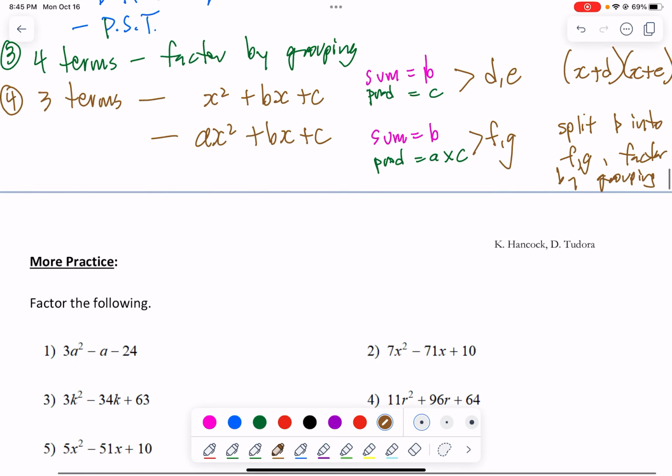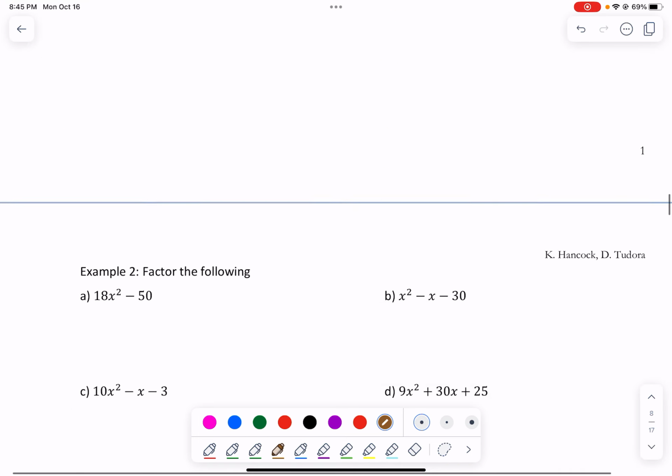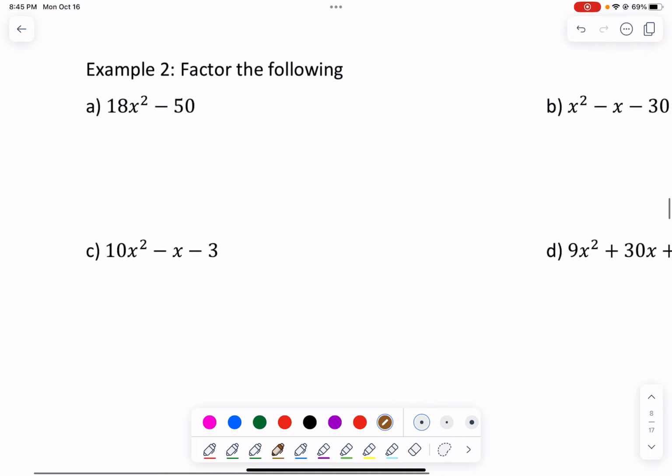More practice, leaving those for you. Also, when I come back, I want to show you guys crisscross factoring.